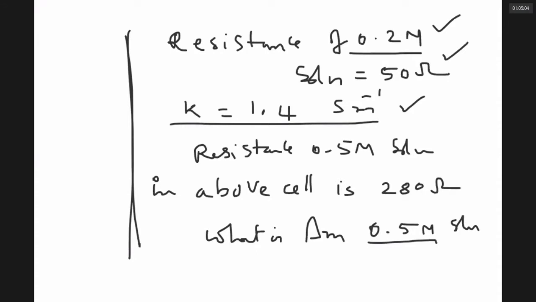When I take a 0.5 molar solution in the same cell, its resistance is found to be 280 ohms. If I am increasing molarity, resistance is increasing. I want to know the molar conductance of the second solution.